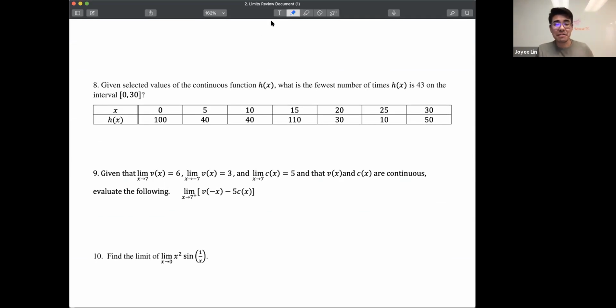Given the selected values of the continuous function h of x, what is the fewest number of times h of x is equal to 43 on the interval? I'll let y'all type in the chat box if you want to come up with an answer.